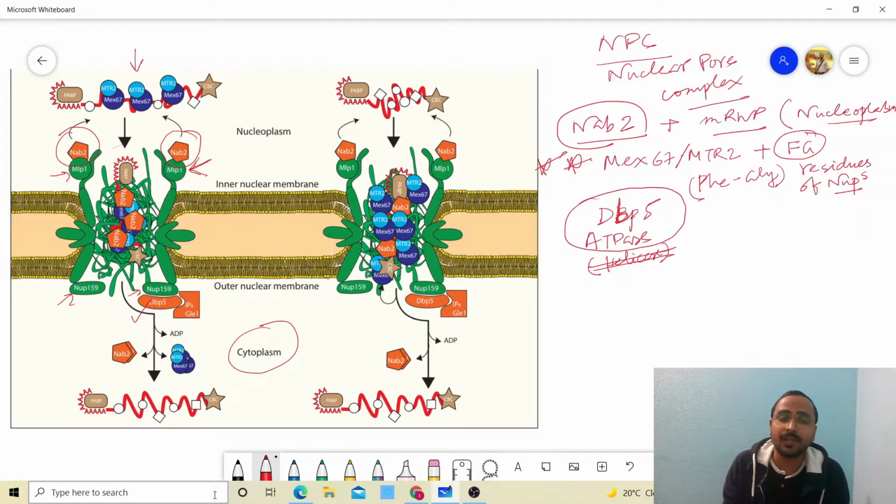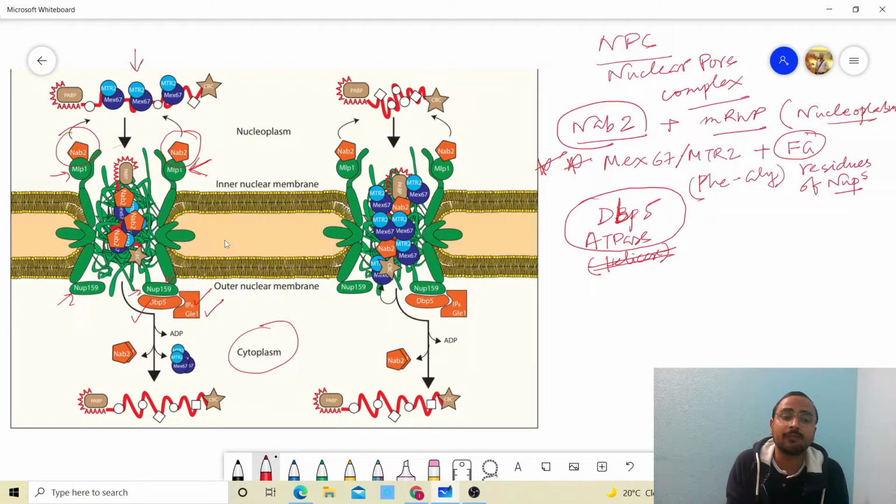So this ATPase now, with the help of IP6 and GLE1, proteins usually present in attachment with NUPs, specifically NUP159. So NUP159, DBP5, IP6 and GLE1 are present there in association with each other.